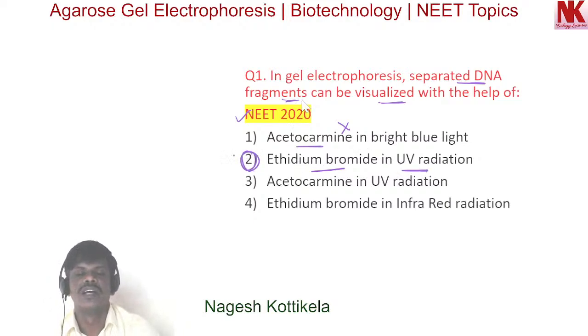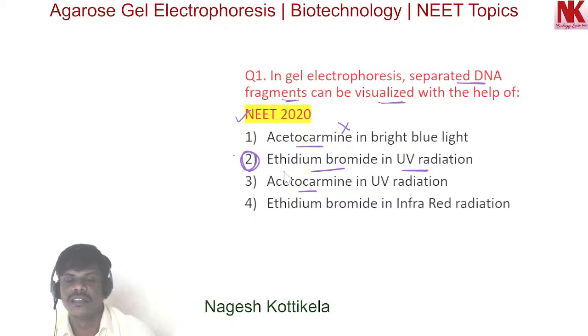DNA fragments separated by electrophoresis can be stained with ethidium bromide, then exposure to UV radiation is done so that they can be visualized. Acetocarmine in UV radiation is wrong. Ethidium bromide in infrared radiation is wrong. So the most appropriate option is ethidium bromide in UV radiation. This is what is followed to observe DNA fragments.